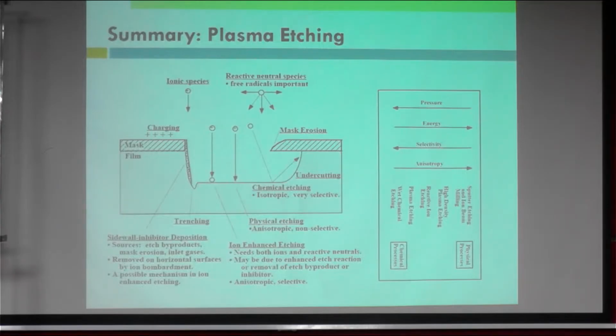So the inhibitor deposition and the bombardment alternate: as the inhibitor becomes thinner, you deposit the inhibitor again, with the bombardment of ions to remove it, and a straight path can be achieved.